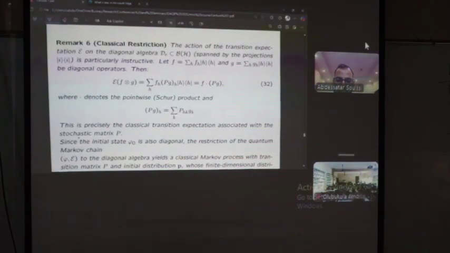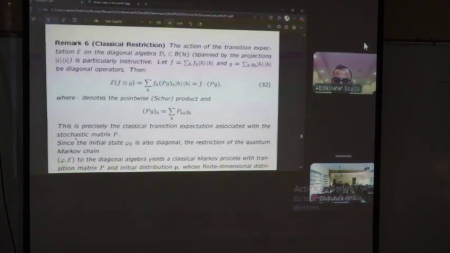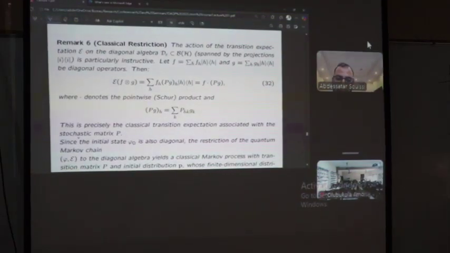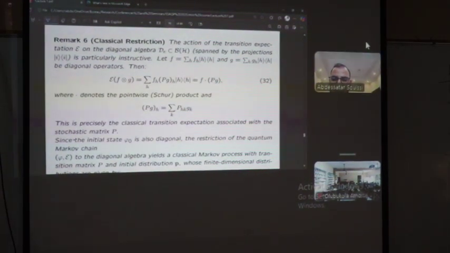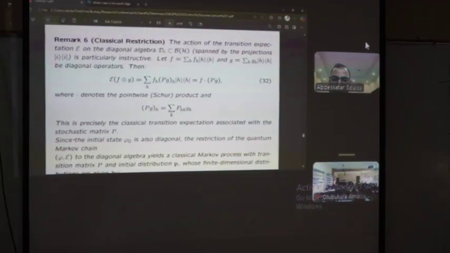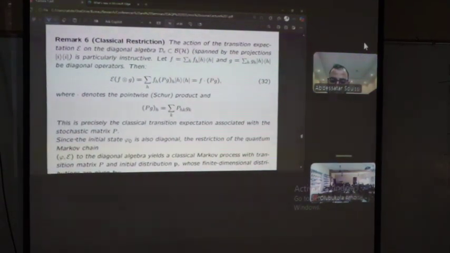This property is satisfied by this entangled conditional expectation: if we have F diagonal and G diagonal, then E of F tensor G is also diagonal.